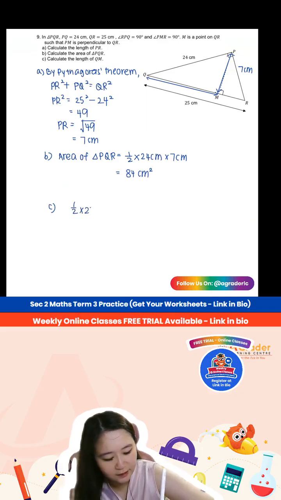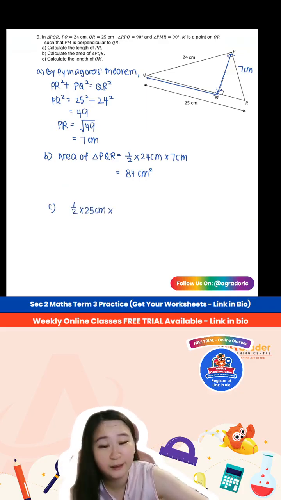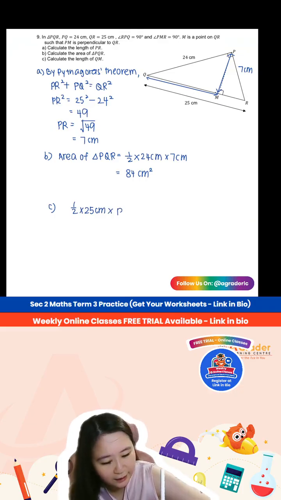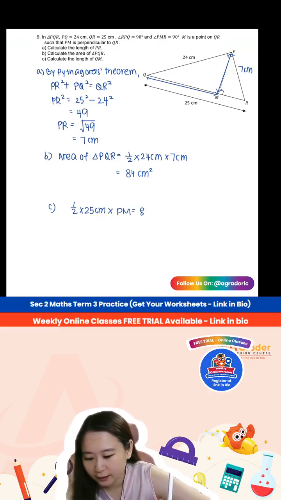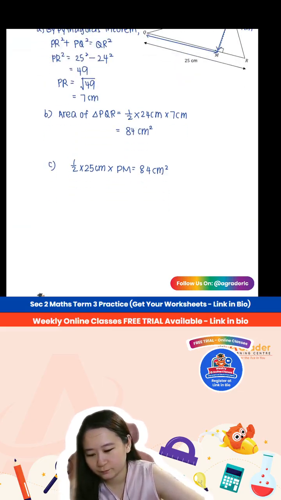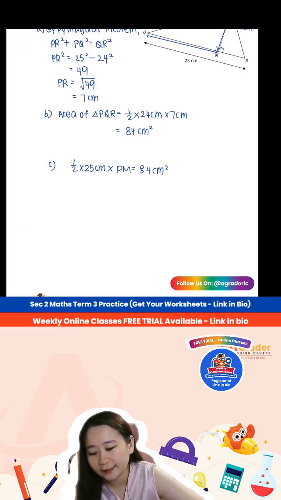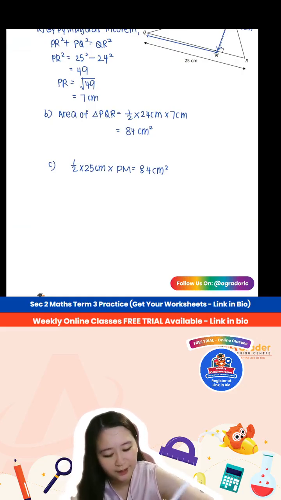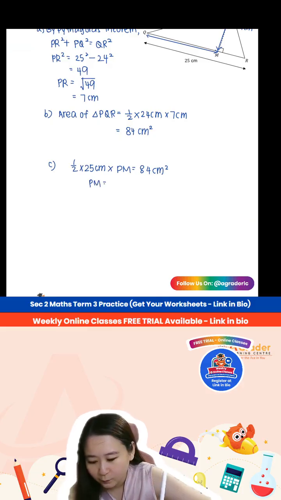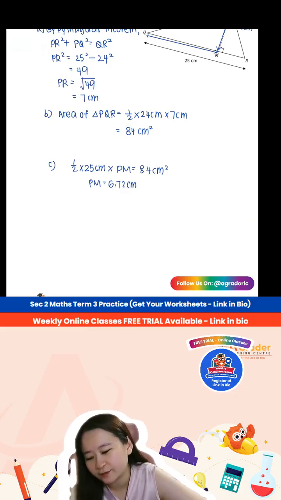Half times another base, which is 25 cm. If the base is 25 cm, the height is PM, and it will give us the same area. Okay, so with that, we can take 84 times 2 divided by 25 to find the length PM, which will give us 6.72 cm.